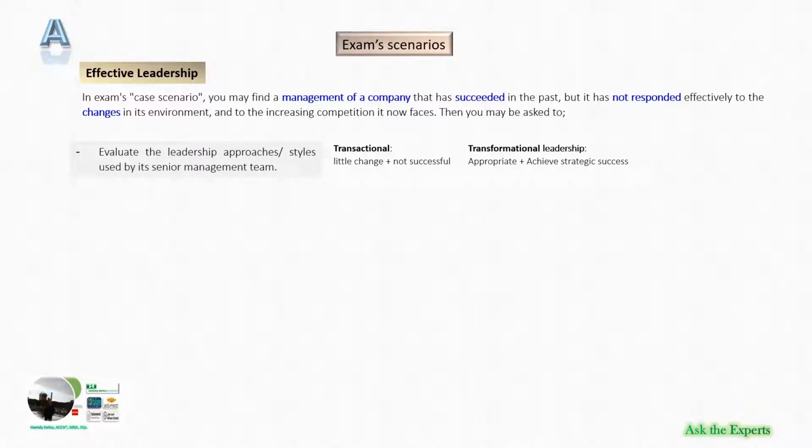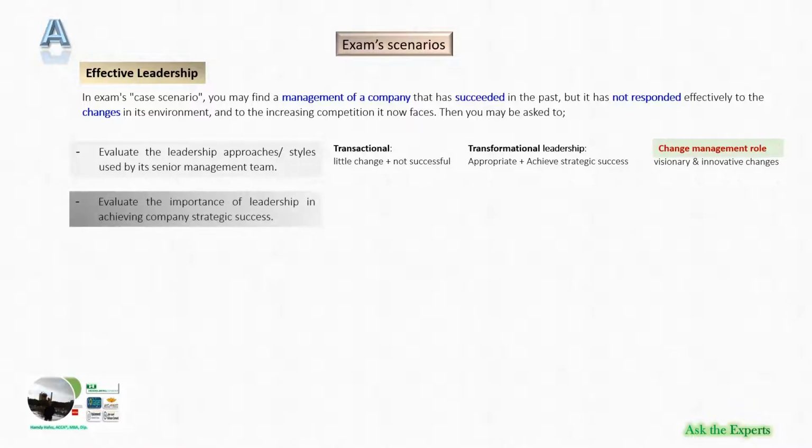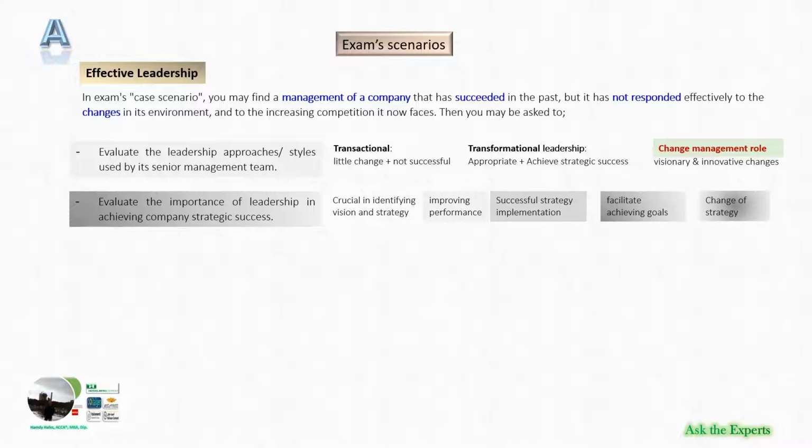A second example. You could be asked to evaluate the importance of leadership in achieving company strategic success. You could focus on identifying vision and strategy, improving performance, and so on. Another example is to prepare a brief report to explain why the change of the company's leadership style was unsuccessful.